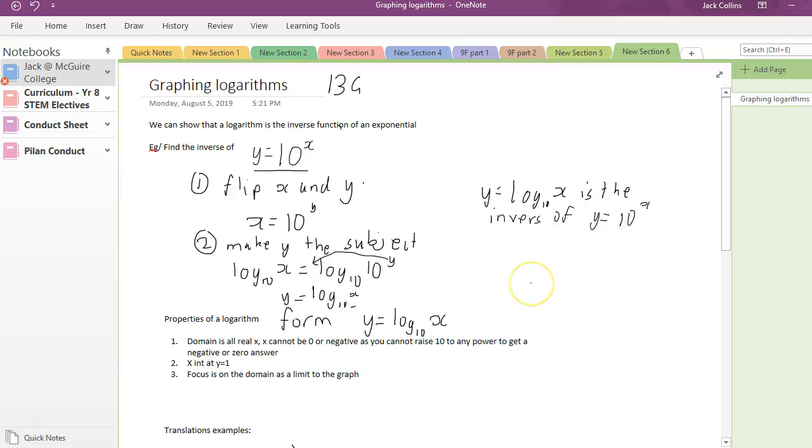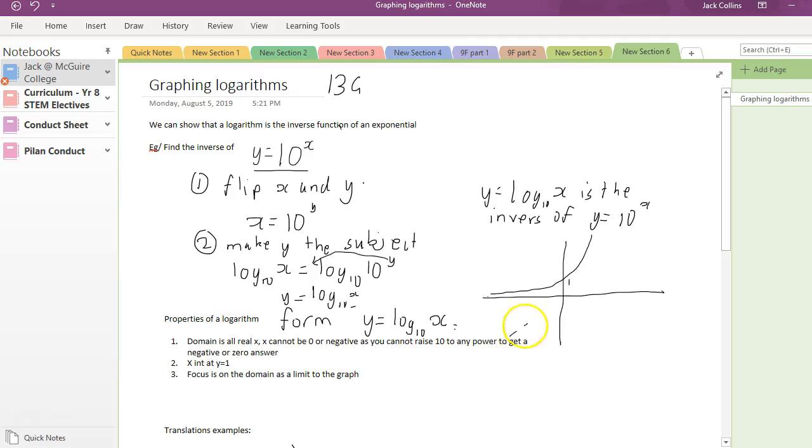So if we were to graph that, and this is in your textbook on page 457 as well, graphing inverses without even looking at the properties, y equals 10 to the x is just a standard exponential, so it will look roughly like that, with that intercept at 1.